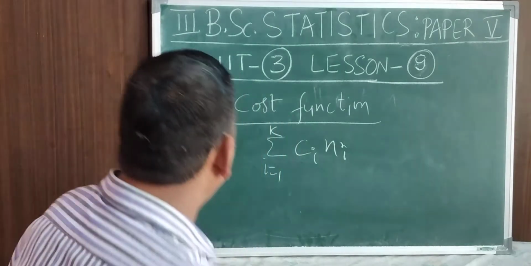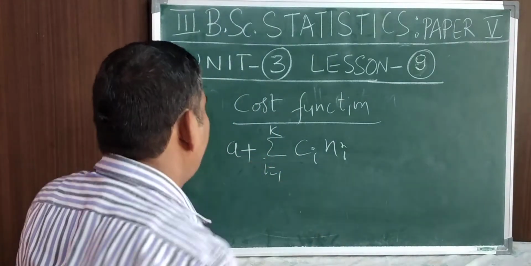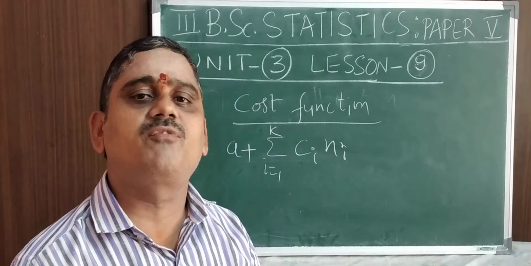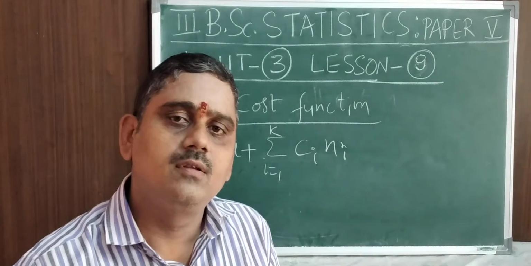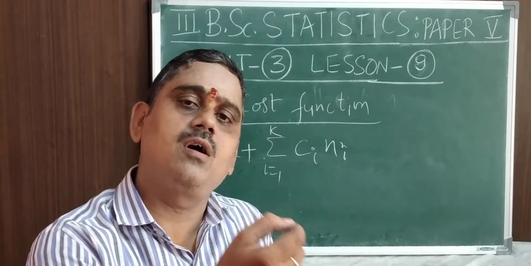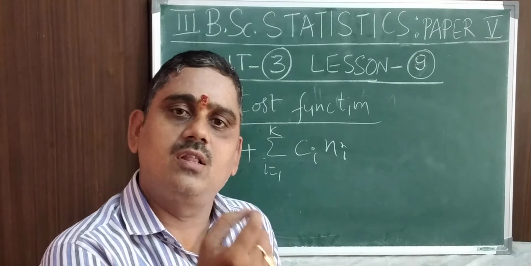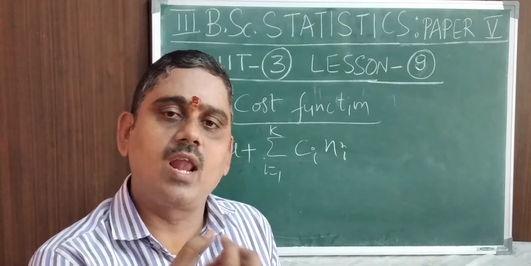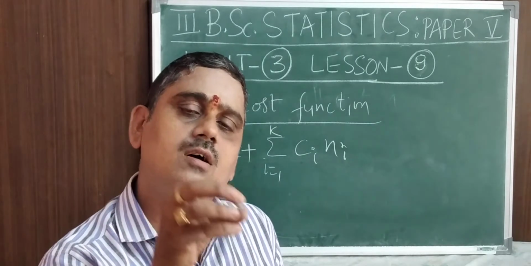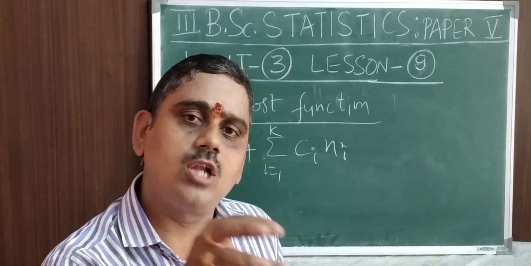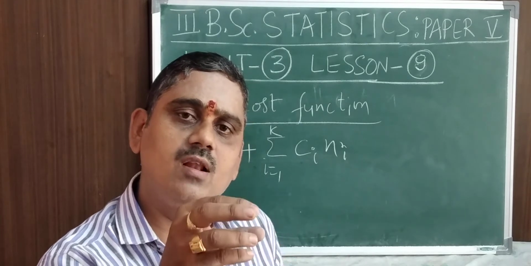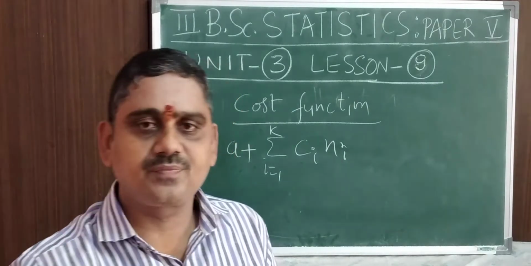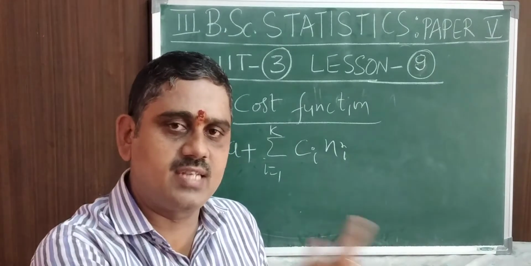And also, if you have considered A as an overhead cost, what is meant by overhead cost? It is the cost other than the cost of collecting per unit of data. Whatever cost is involved in collecting from all the sampled units, that will be summation Ci ni.